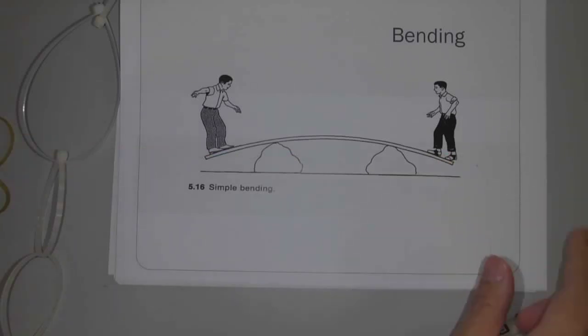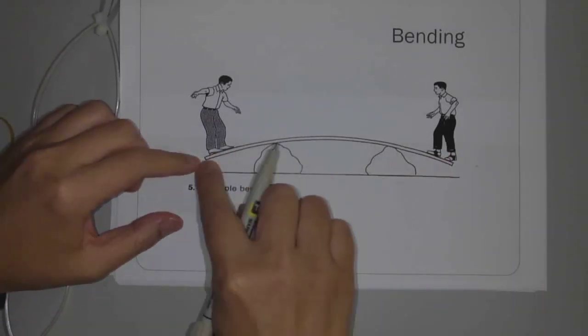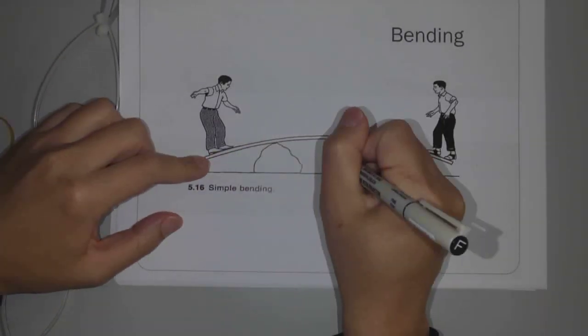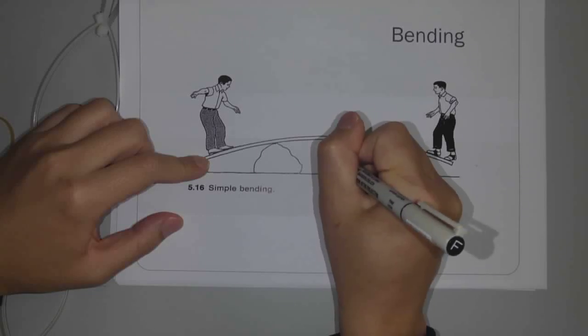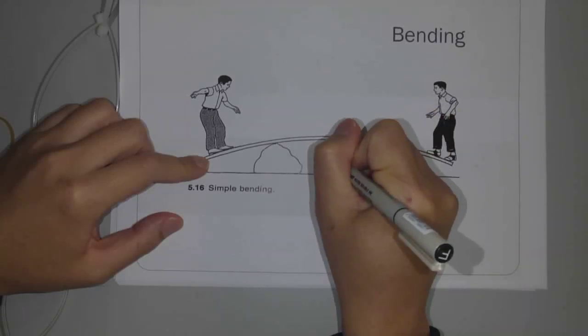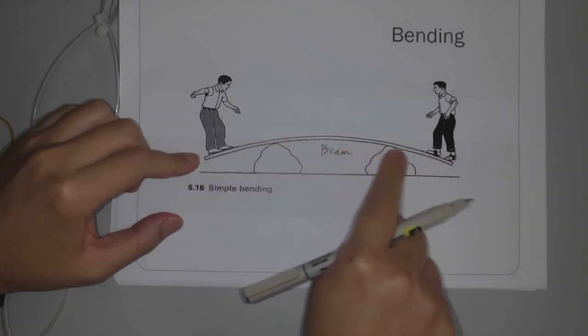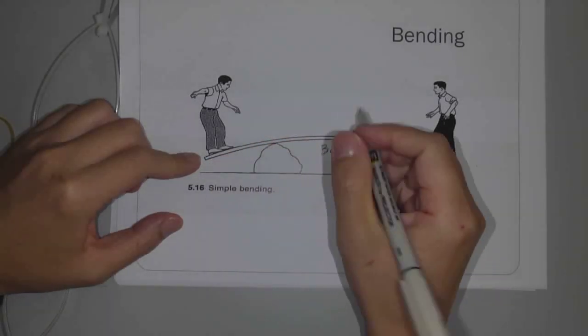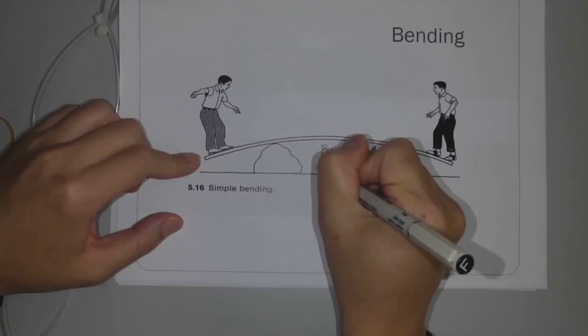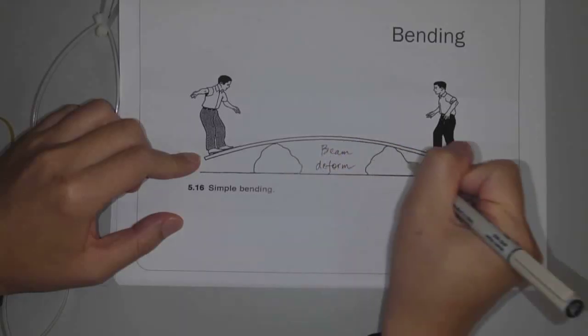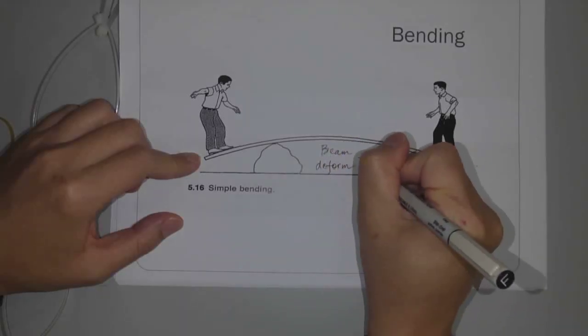So if I want to draw this thing, this is a beam. Obviously, you can see the shape of the beam changes. So the beam actually deforms. Deform is the word.